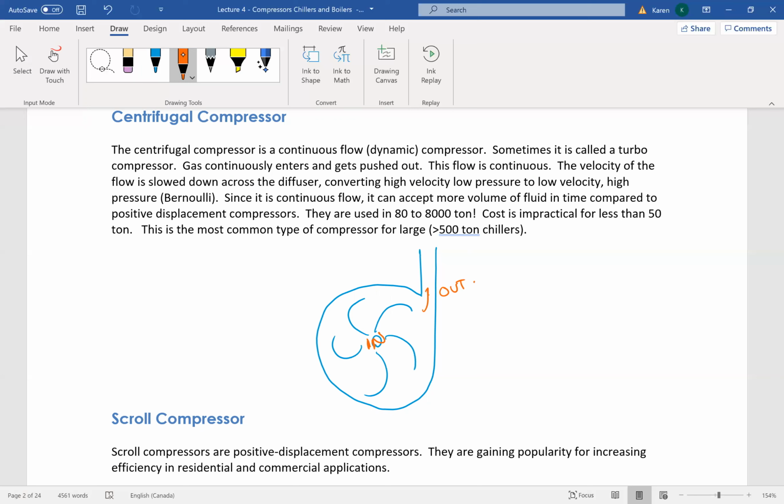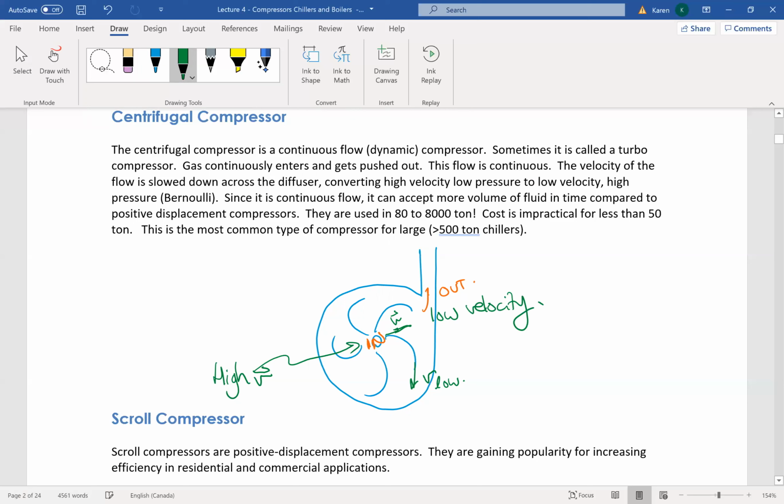And so what happens is it's very high velocity in here, and then the velocity is slowed down, so there's very low velocity at the back, at the outside of this vane. So at the outlet, there's low velocity.